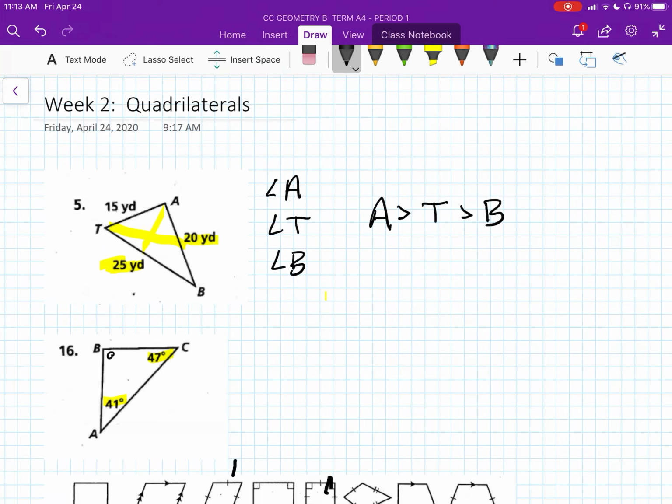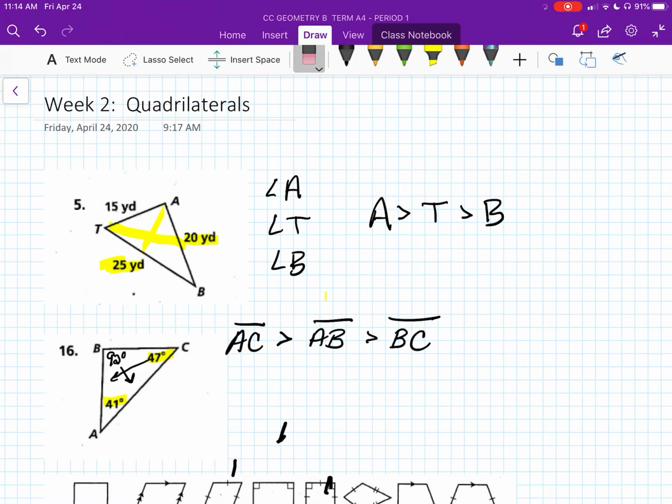So this one's going to be 92. Okay, so now we have almost a right triangle, a little bit bigger. The biggest side here is the one across from the 92-degree angle. So that's AC, and that's going to be bigger than the next one, which is across from 47. That's going to be AB. And the smallest side is going to be the last one, BC.